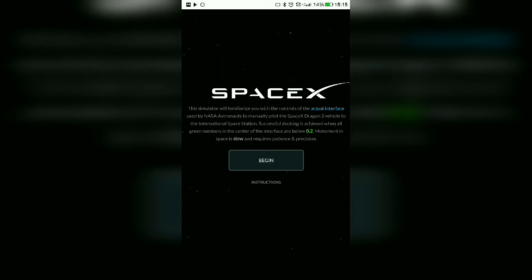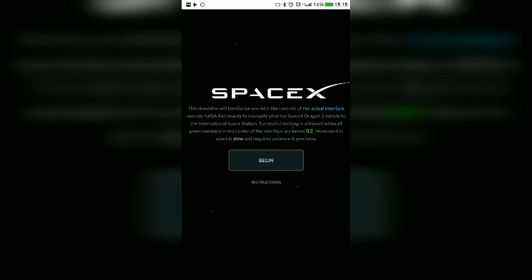We can't dock the Dragon vehicle towards the International Space Station at any other point except the docking area, and we can't do it at a high speed or high rate, because if the push is too hard, it may crash onto the International Space Station.